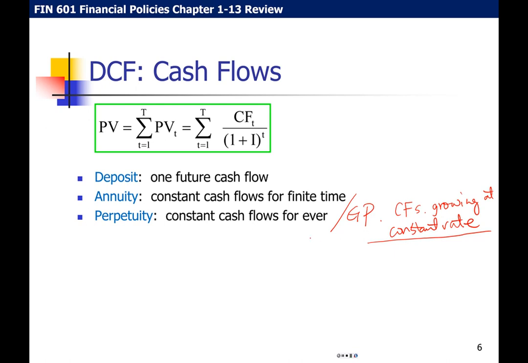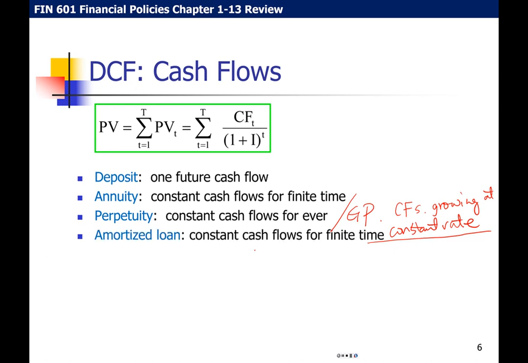So consider your salary, consider the cost of goods and services. They all seem to be growing at a constant rate of inflation. So this serves as a nice pattern for a lot of cash flows.